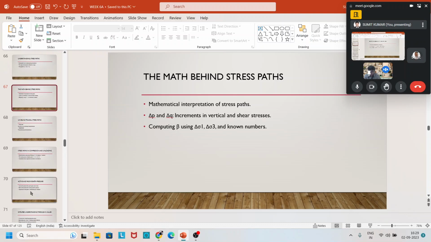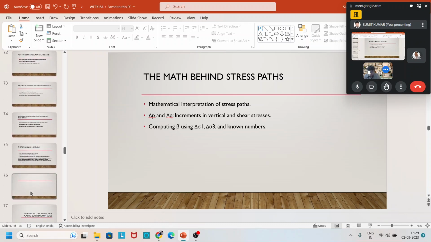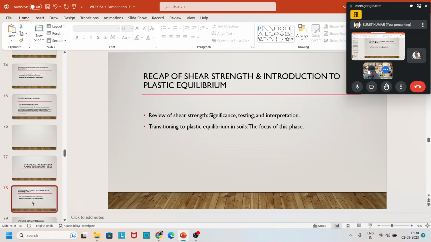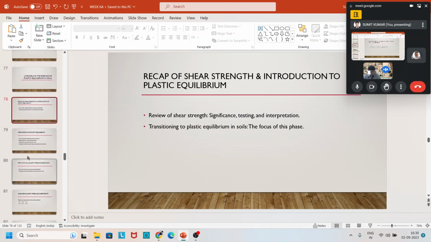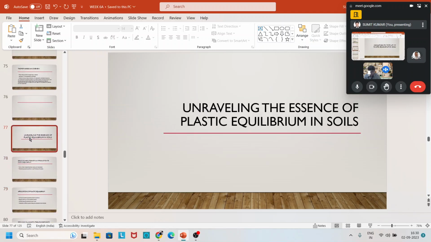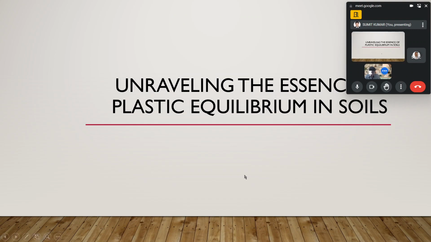Otherwise, I will provide the presentation with everything written in detail, so no problem with that. First of all, we will study the value of active and passive earth pressure. Okay, so plastic equilibrium is also one of the concepts which I want to take. I will start from here, and we will go in a little faster manner to complete the remaining section.